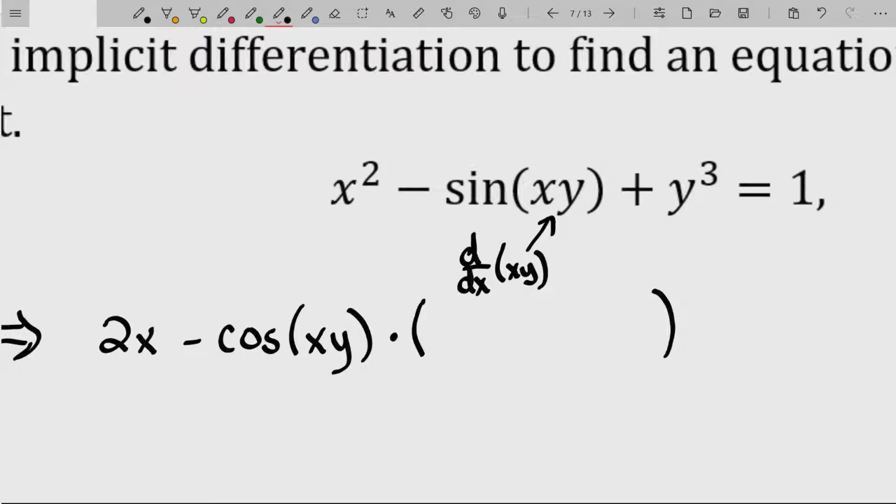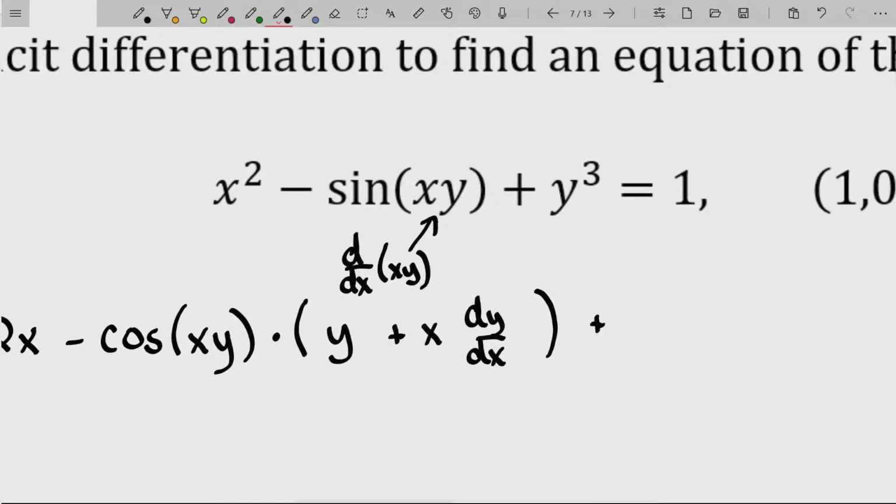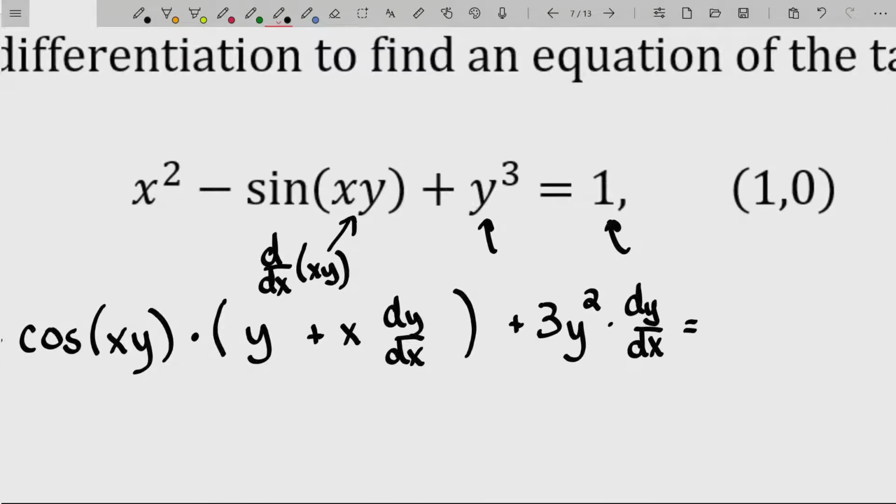Derivative of x is 1 times y plus x times the derivative of y with respect to x. Plus, the derivative of something cubed is 3 times that something squared times the derivative of the something itself. And that's equal to the derivative of 1, which is 0.